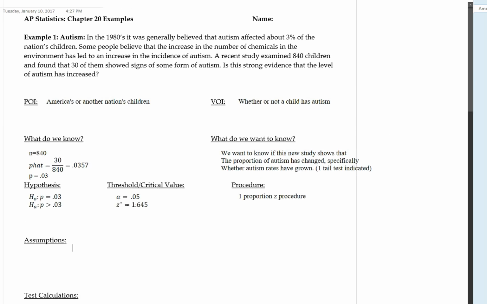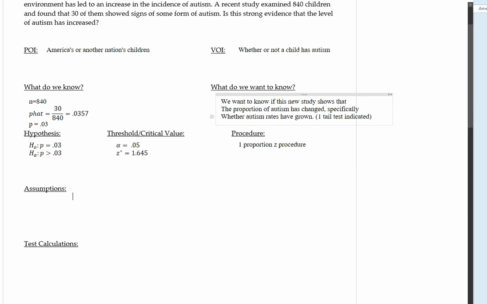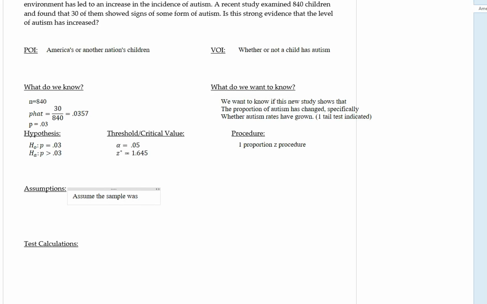So did they say anything about it being done randomly? They did not, I do not think. So we will assume the sample was collected randomly. Some caution advised. The other thing we need for independence is to make sure we didn't sample more than 10% of the population with our 840.